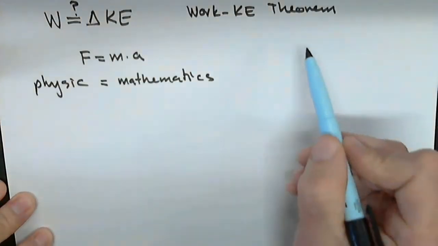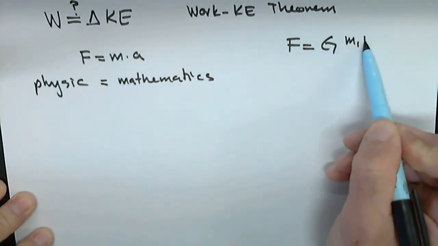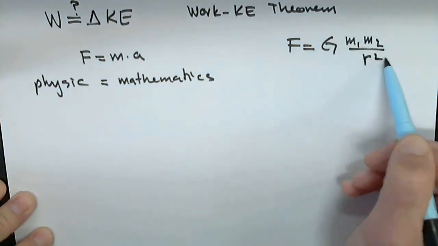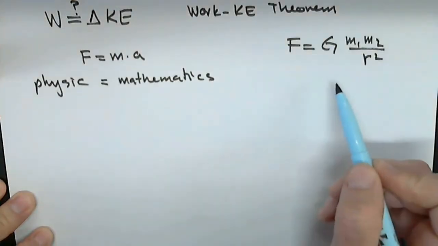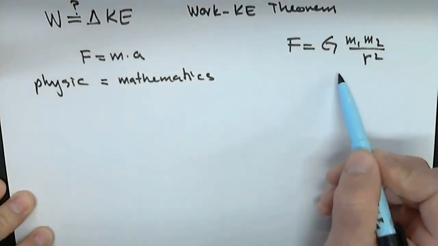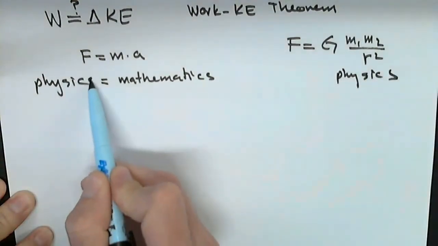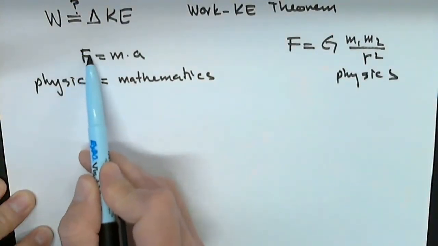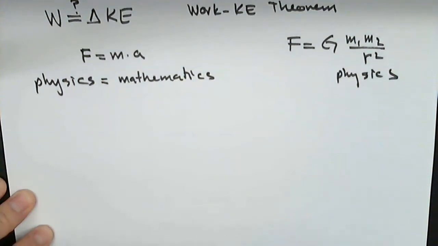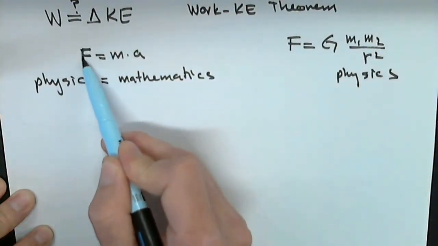Now, what is the law of universal gravitation? For example, this is the law of universal gravitation. So this is the physics. So if you are pushing the object with 2 newtons, or if you have friction, etc., that's what is on the left hand side.